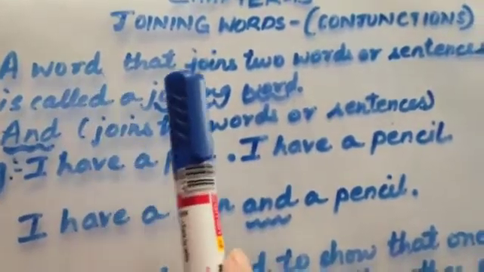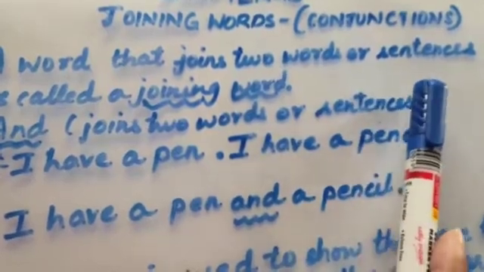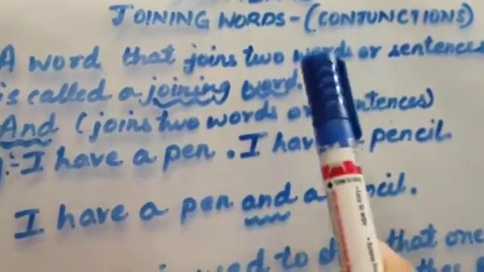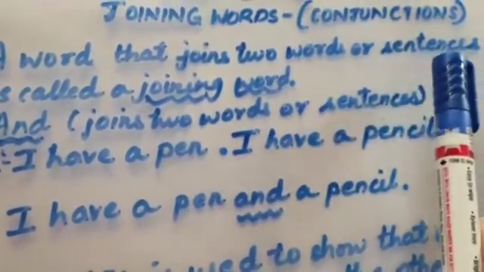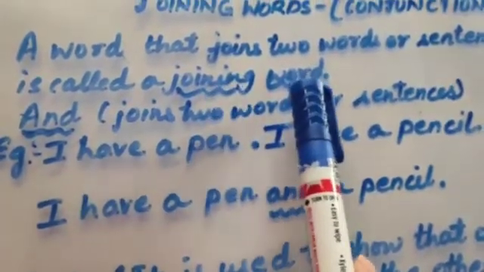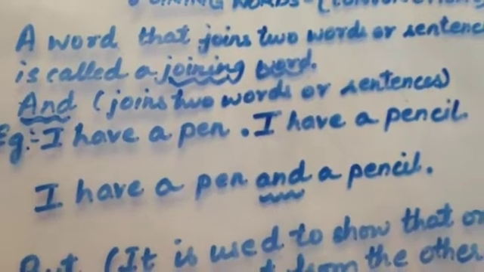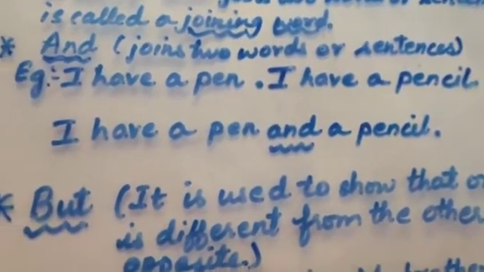A word that joins two words or sentences. Any word that joins two words or two sentences is called a joining word. Now let's see which words are known as joining words.